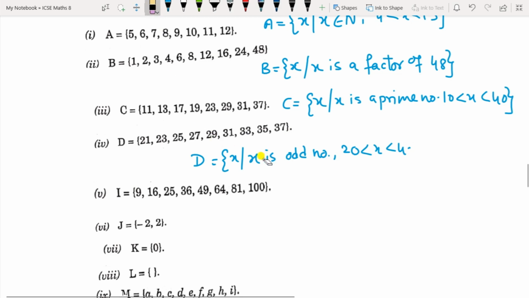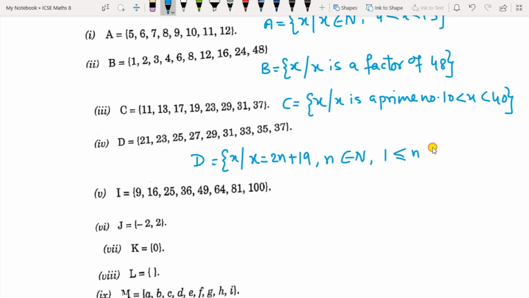So what can we write it as? X such that x equal to 2n plus 19, where n belongs to natural number and n is between 1 and 9.